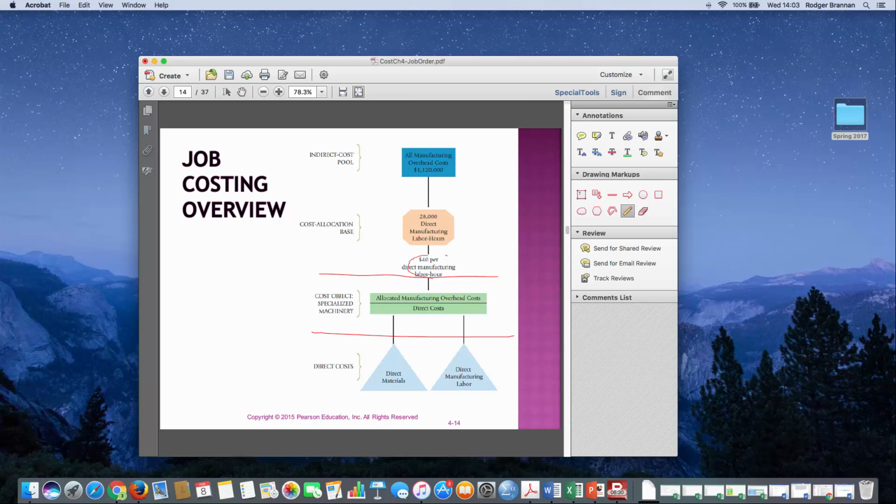You come up with this application rate of $40. So when the job is complete, that will be added. Direct materials are added, direct labor is added. These are referred to, again, as direct cost, but also prime cost. The sum of my labor and my overhead is sometimes referred to as conversion cost. Conversion cost is a more common term that you'll hear throughout the textbook.